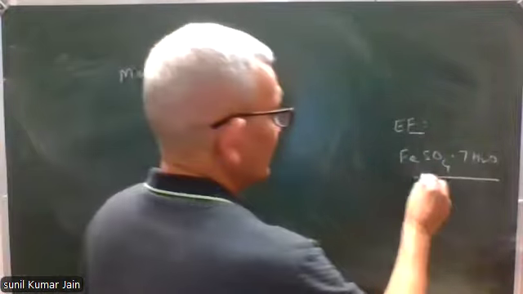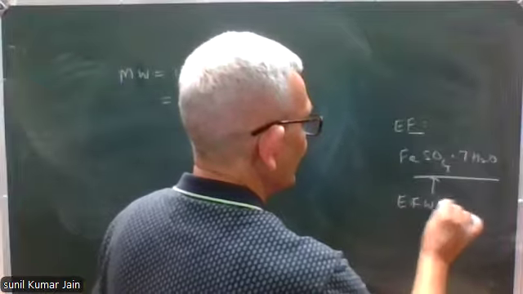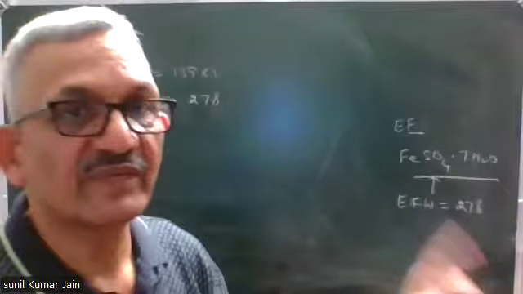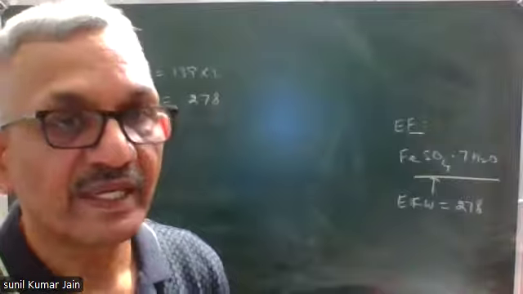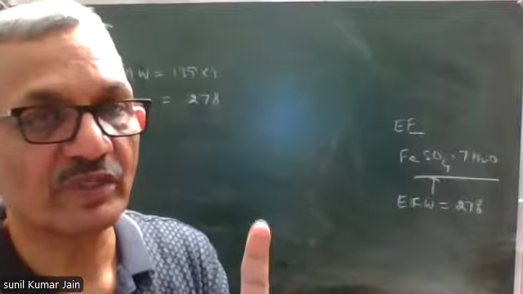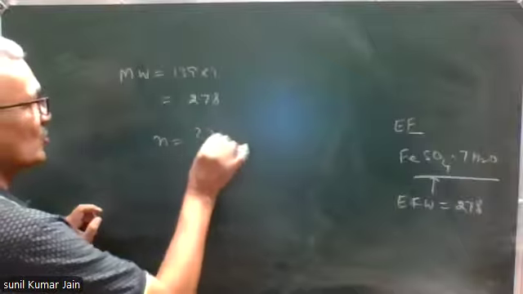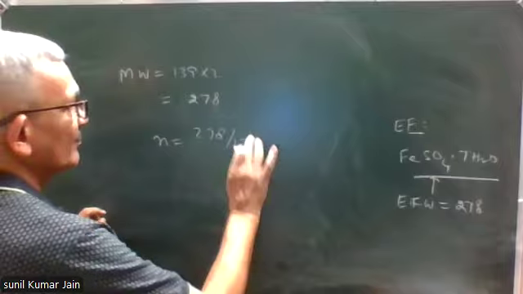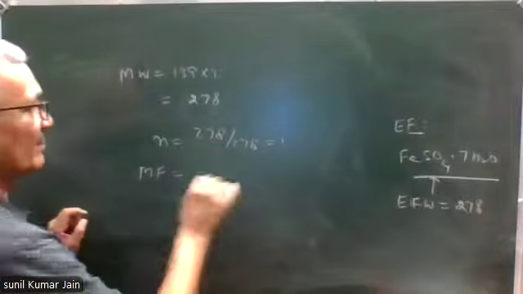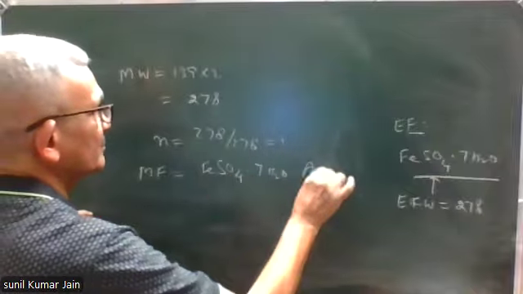Now, this empirical formula weight will also be 278. It means value of n is 1. And if n is 1, it means molecular formula and empirical formula are the same. So value of n, 278 by 278. So molecular formula will remain the same, FeSO4.7 water.